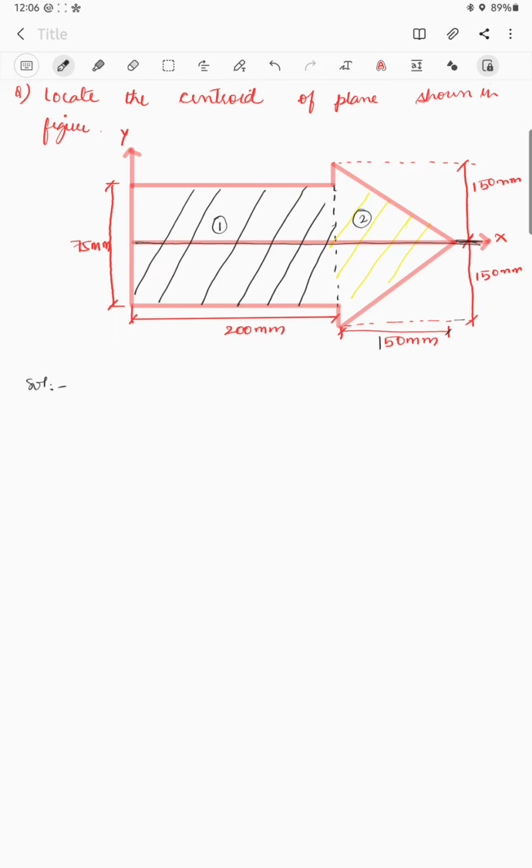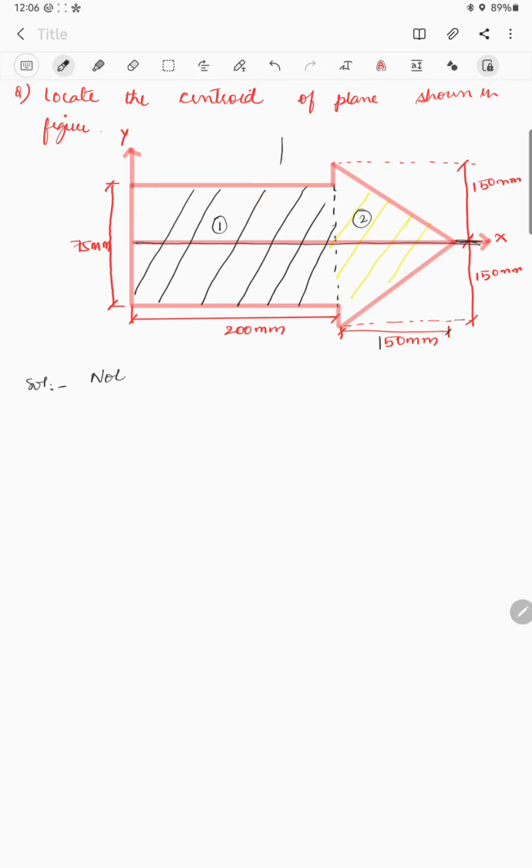Then that figure is said to be symmetric about the x-axis. Whereas when you cut the figure vertically, it will not get divided into two equal parts. One part will have the rectangle and another part will have a triangle. So it is not symmetric about the y-axis, whereas this figure is symmetric about the x-axis.